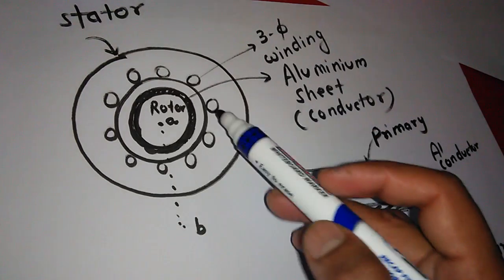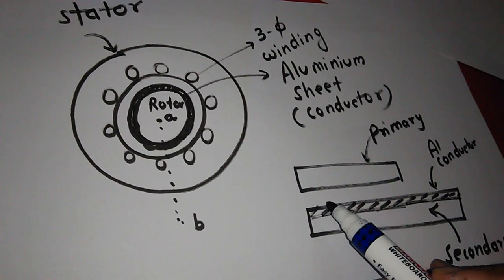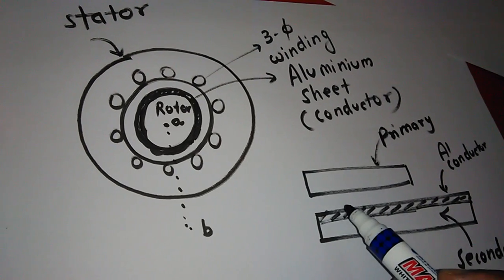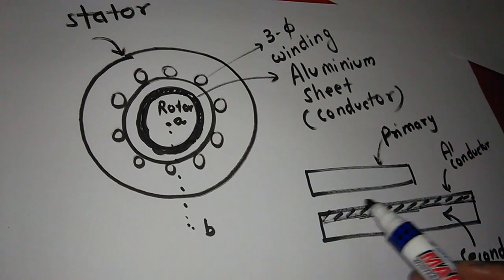Here the rotating magnetic field is flat, and in this case of translational motion it will produce some thrust.